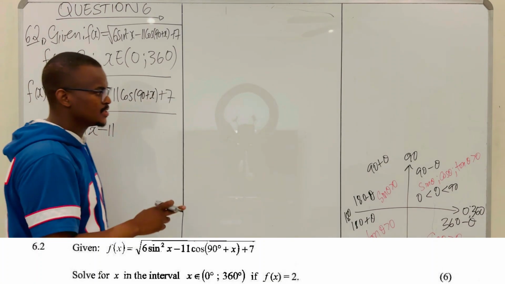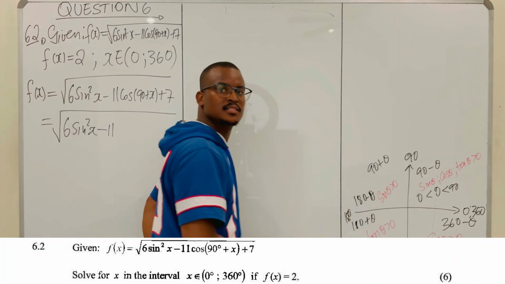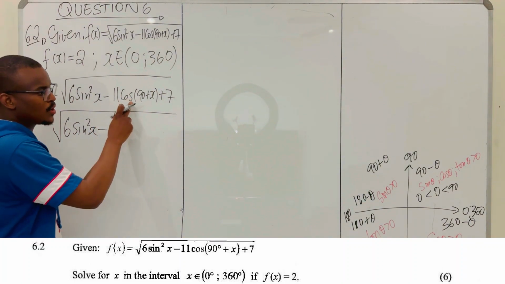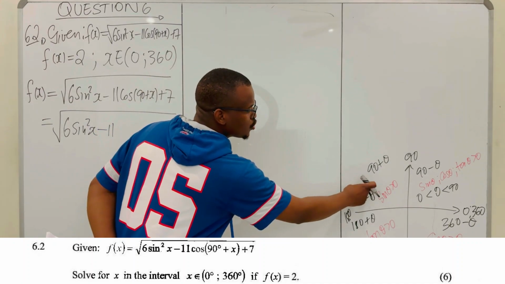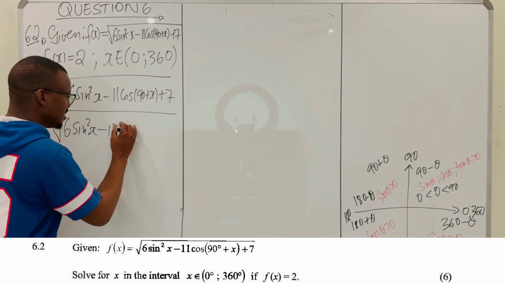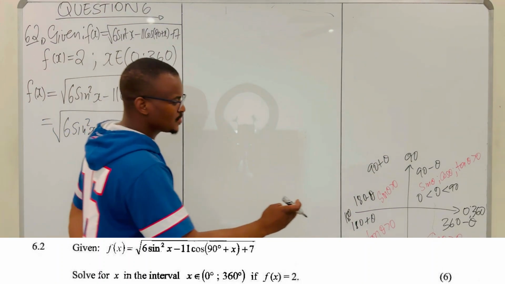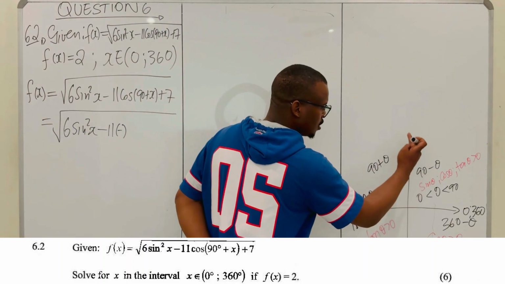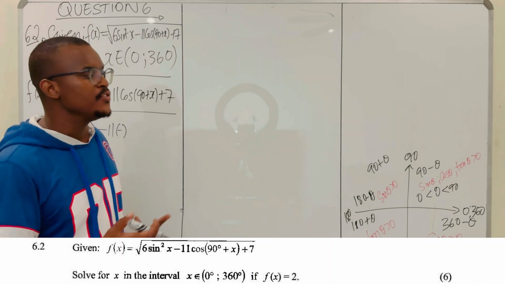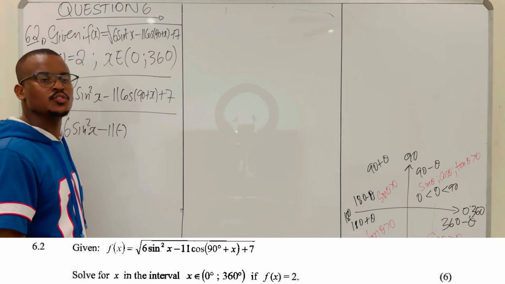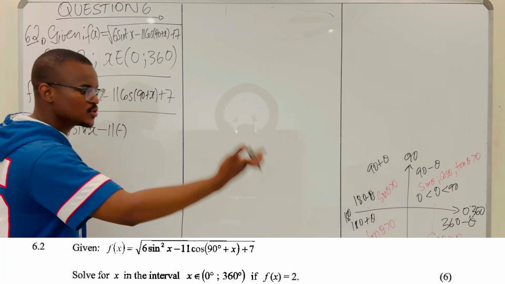cos(90 plus x). Where is 90 plus x? It's in the second quadrant, right? What sign is cos in the second quadrant? Only sine is positive, so the cos is negative, and you have a negative sign there. The maximum is on this vertical line. As I said in the previous question, if your maximum is on the vertical line, your function will change to a co-function. If it's sine, it will become cos. If it's cos, it will become sine.